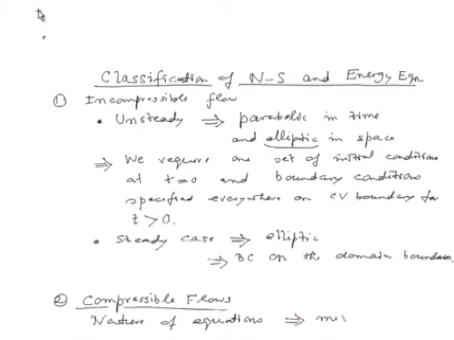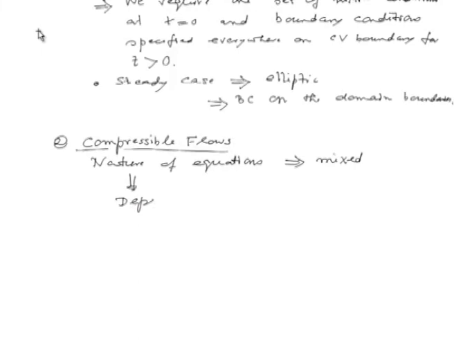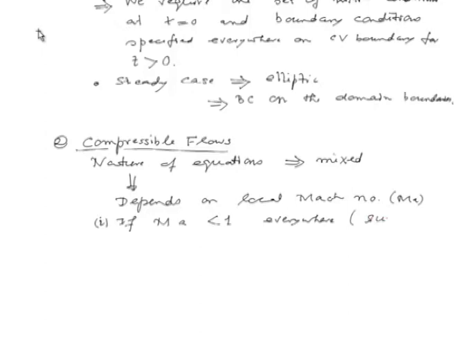And in fact, it would depend on a non-dimensional number called Mach number, the local Mach number, and because it is local Mach number, we can make certain observations. First, if Mach number Ma is less than 1 everywhere, this is so typical of what we call a subsonic flow.